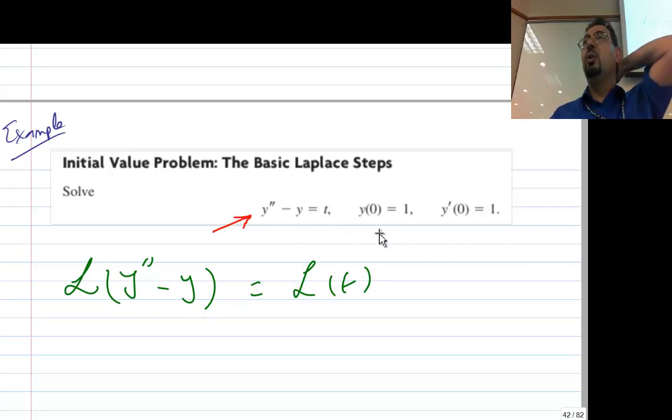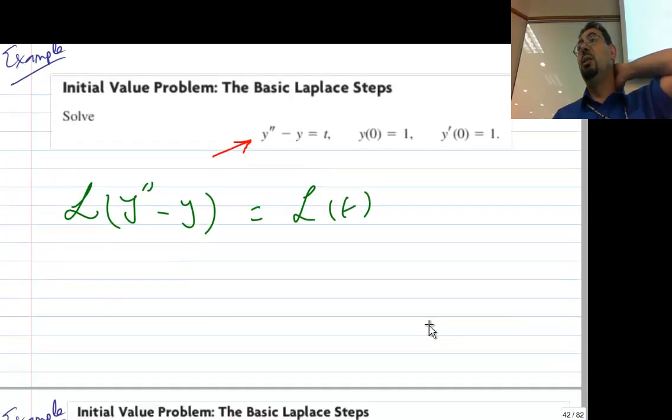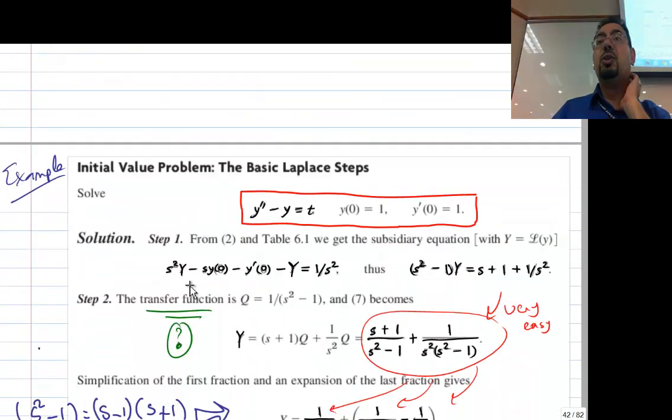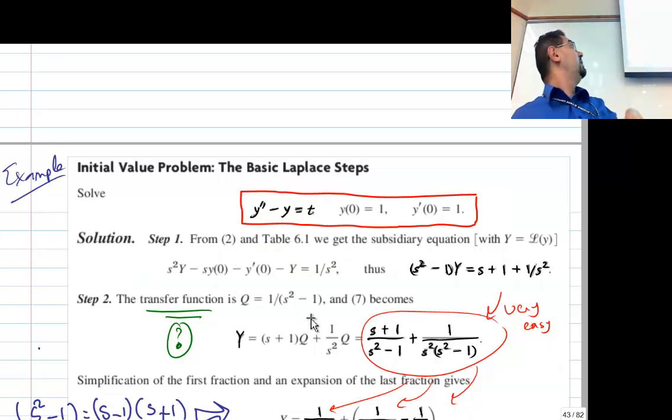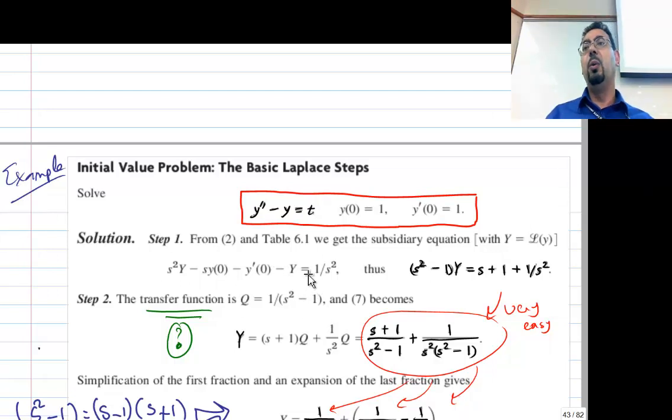Any time you have a second order, you will have to have two initial values. And for y, that's simply y of s. And for t, 1 over s squared from the table. So that's what he did over here. Let me clean this out. Here is the second derivative, and here is the y, and the t is 1 over s squared.